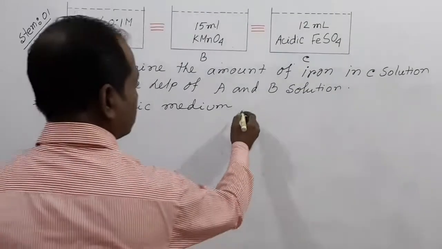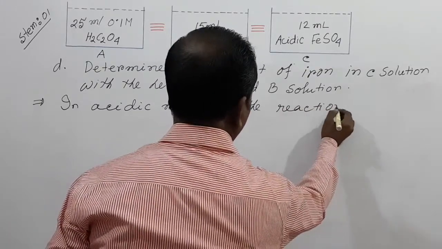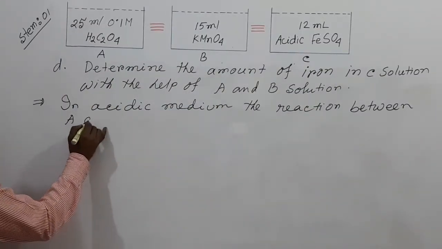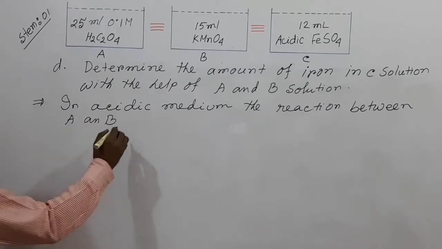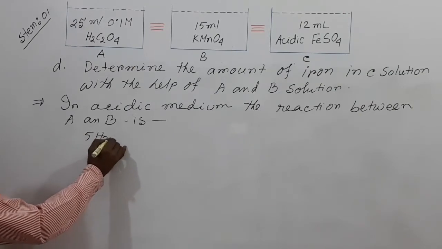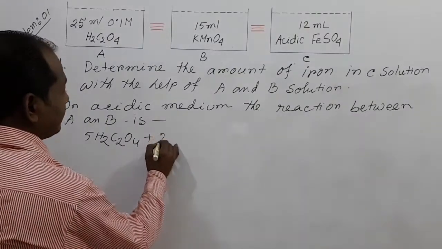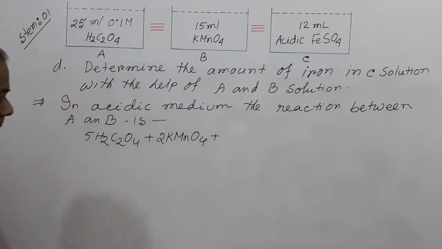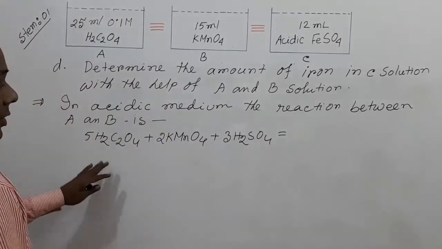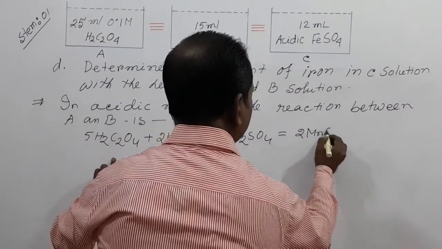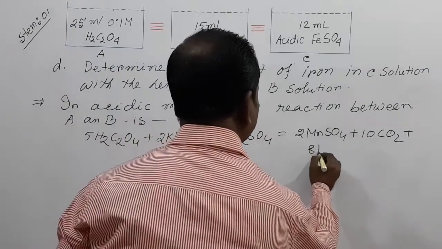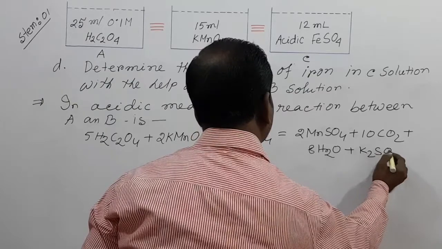the reaction between A and B is 5H2C2O4 plus 2KMnO4 plus 3H2SO4, and we get 2 manganese sulfate plus 10CO2 plus 8H2O plus K2SO4.